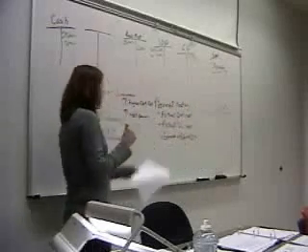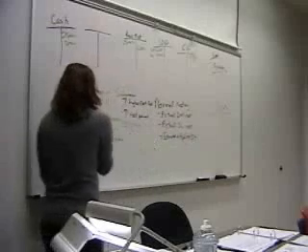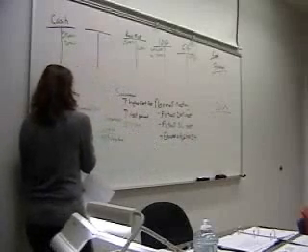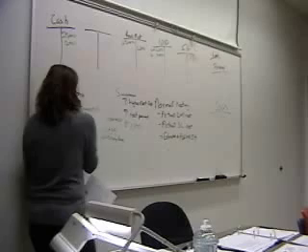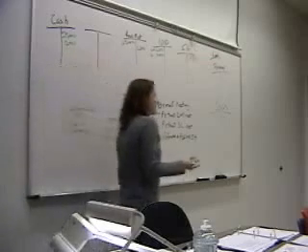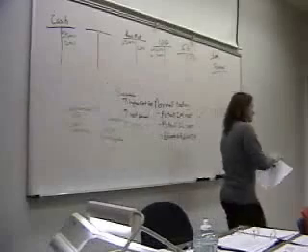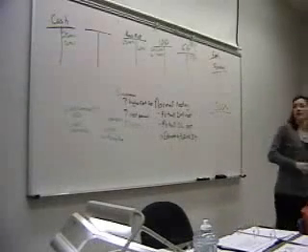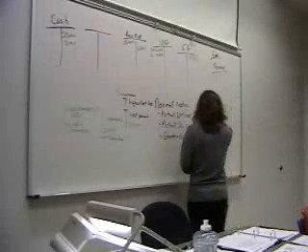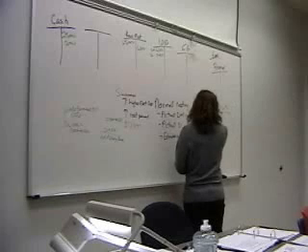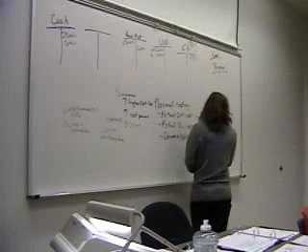So let's say they're going to use direct labor hours as their cost driver. Essentially what they're saying is when a direct labor hour happens, our overhead costs are going to go up. So they're saying that there's some sort of relationship between overhead costs and direct labor hours.